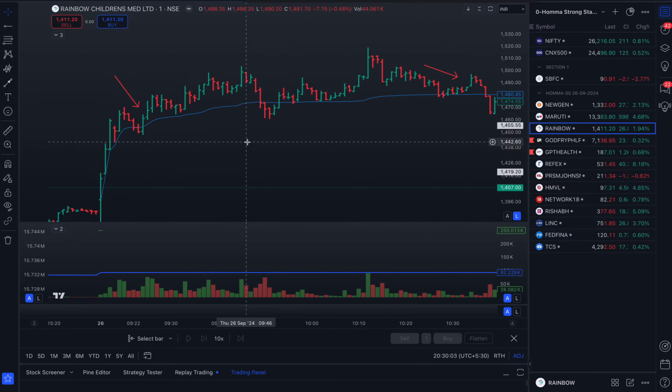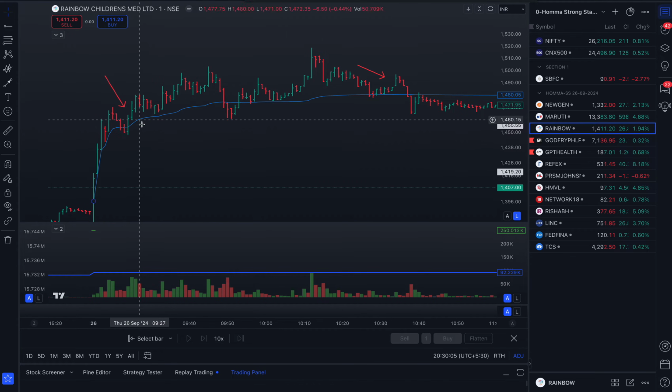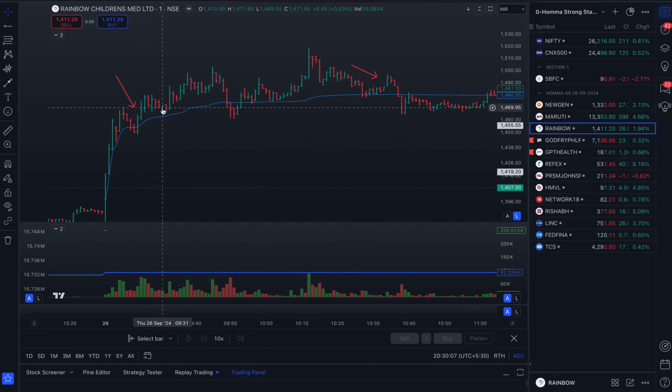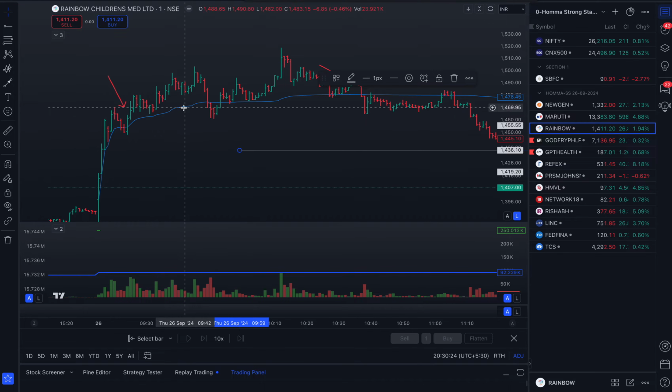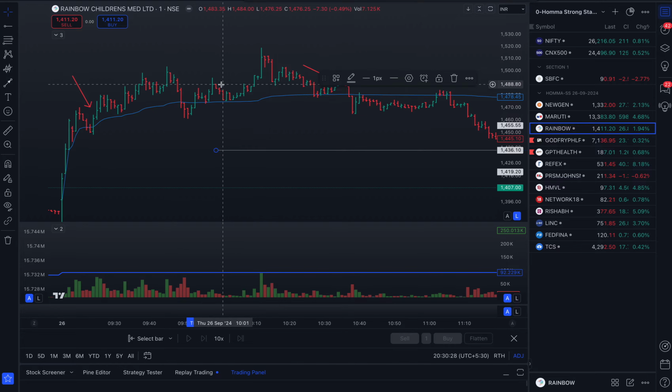So this is where I got an entry. I sold some 50% somewhere here at the bounce, and the other 50% I exited. My stop loss was here, and then I got clipped here. After some time I saw that this one got supported by the AVWAP, and this was a tight area.